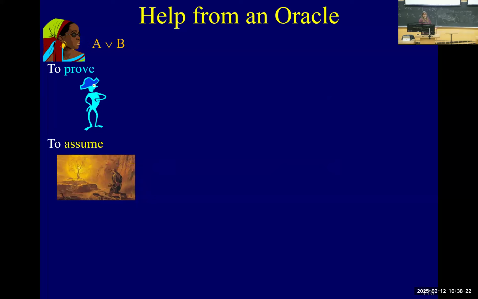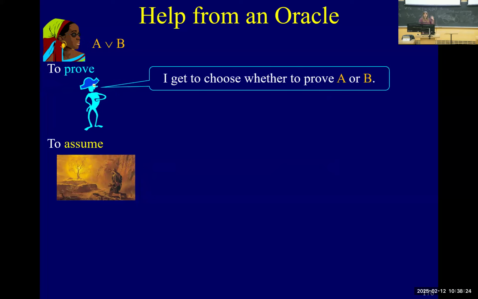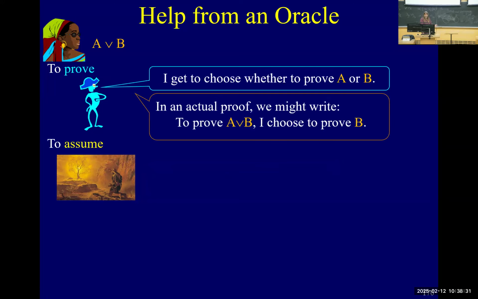If I want to prove the or, I get to choose which one to do. So to prove A or B, I might say I'm going to prove B. I might have cases, and in this case I choose A, in this case I choose B.